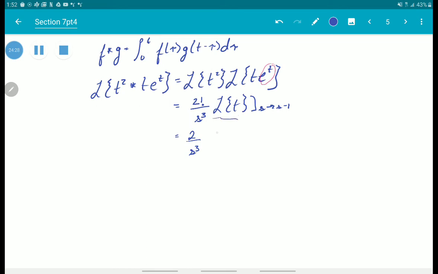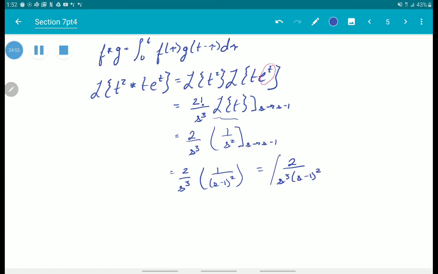The Laplace of t is 1 over s squared, recognizing s is going to s minus 1. So we're going to replace that s with an s minus 1. So it's going to be s minus 1 quantity squared there. So then the final answer would be 2 over s cubed times s minus 1 squared. So that would be the convolution, sorry, wrong thing. That's the Laplace of the convolution of those two.